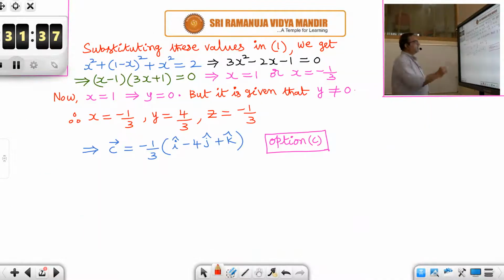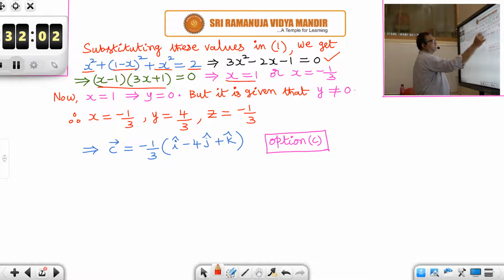Substituting these values in 1, you get x square plus y square, that is 1 minus x whole square, plus z square, that is x square, is equal to 2. So you will get a quadratic equation 3x square minus 2x minus 1 equal to 0 after expansion. It can be easily factorized. So you will get two values: x is equal to 1 or x equal to minus 1 by 3.